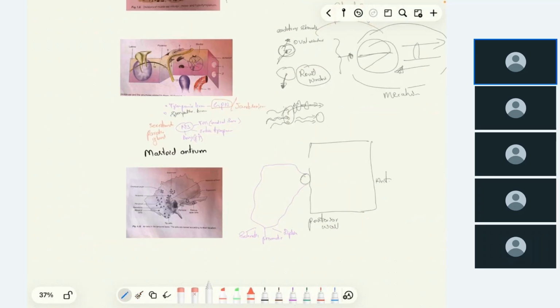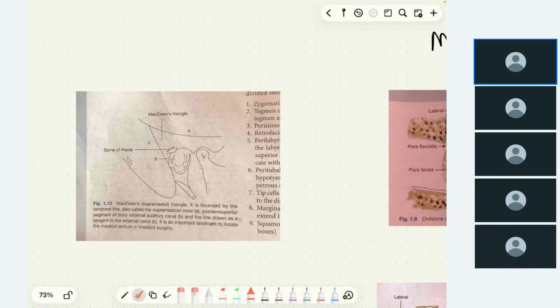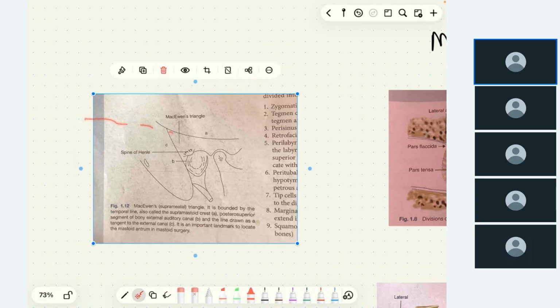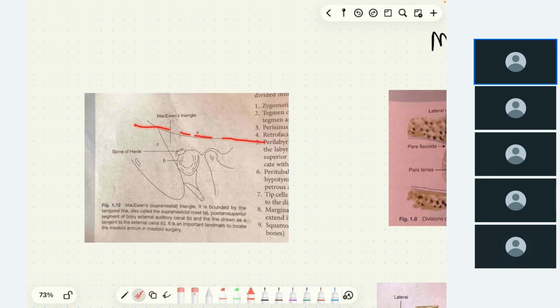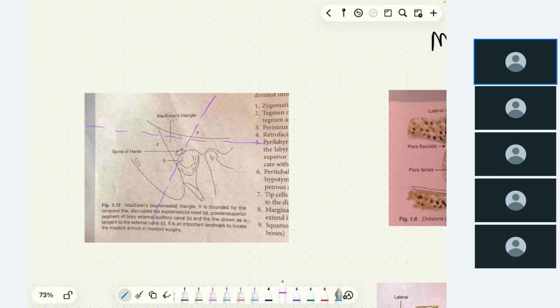This is about the anatomy of the middle ear. We have the superior temporal line, and we have the posterior superior part of the external acoustic canal, and also the tangent drawn from this line to the posterior superior part of the external acoustic canal.